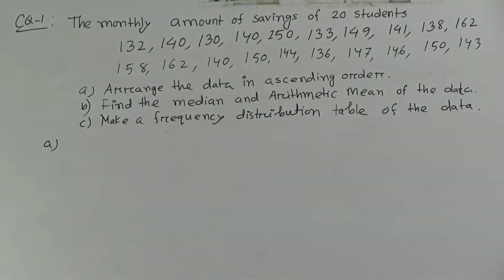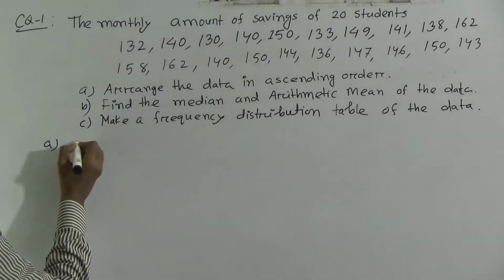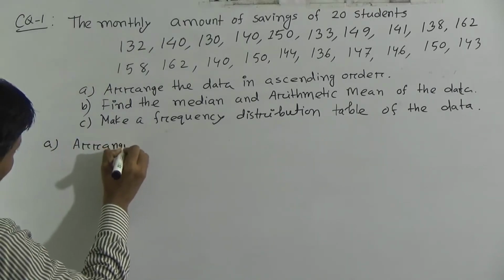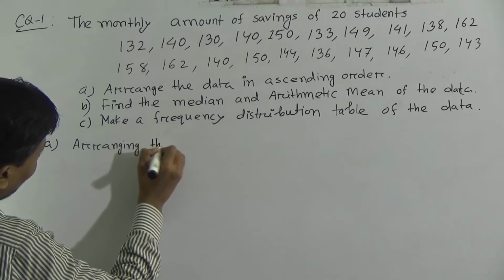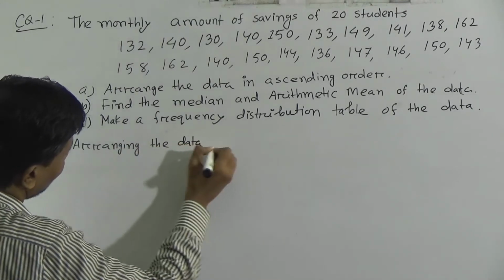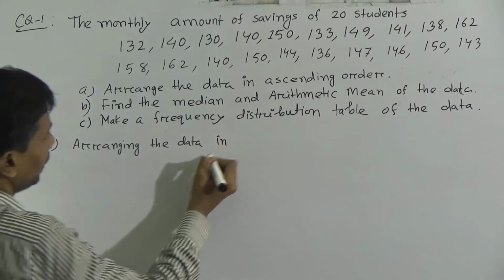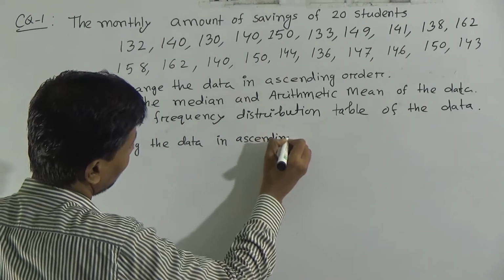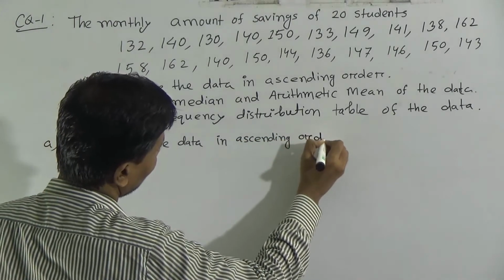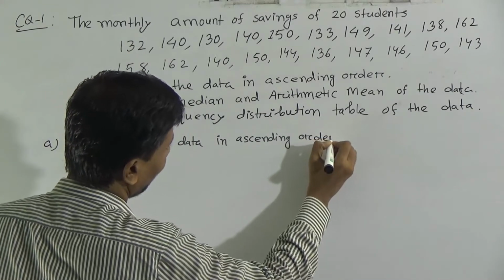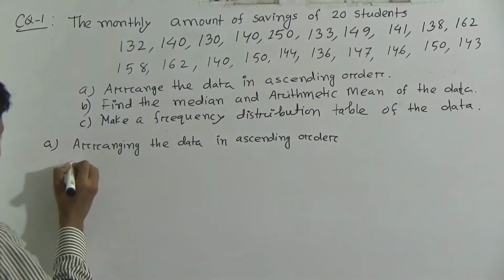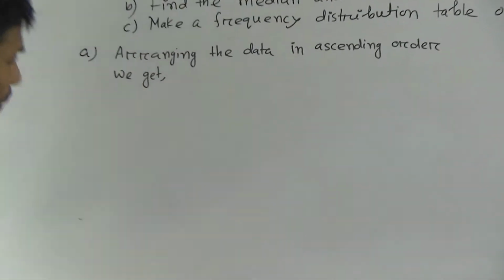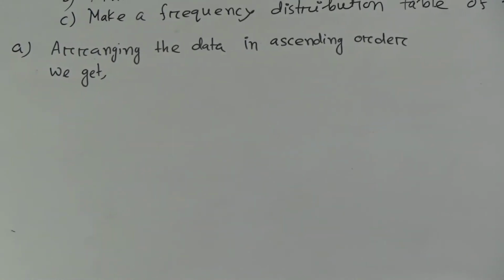Look, arrange the data in ascending order. Arranging the data in ascending order we get, that means at first you have to arrange the numbers from smaller to greater.